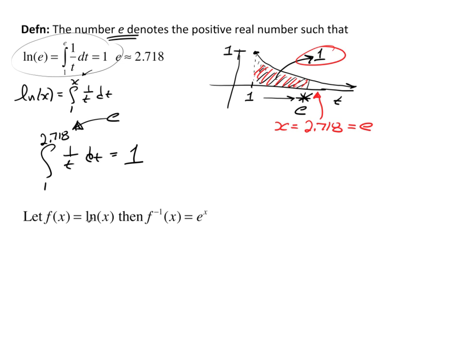Now you've already seen another representation of e in terms of a limit. One of the representations you've seen before is if I take the limit as x goes to infinity of 1 plus 1 over x raised to the x, that is also e to the first power, which is obviously just e.